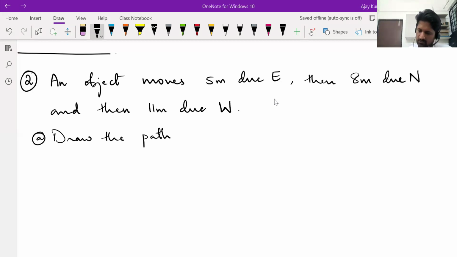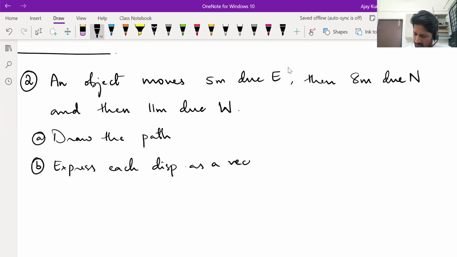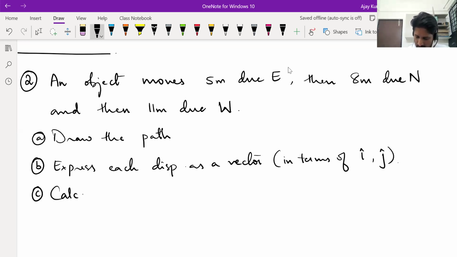Next, express each displacement as a vector, meaning write it in mathematical form in terms of i cap or j cap or both. Then calculate the total displacement.